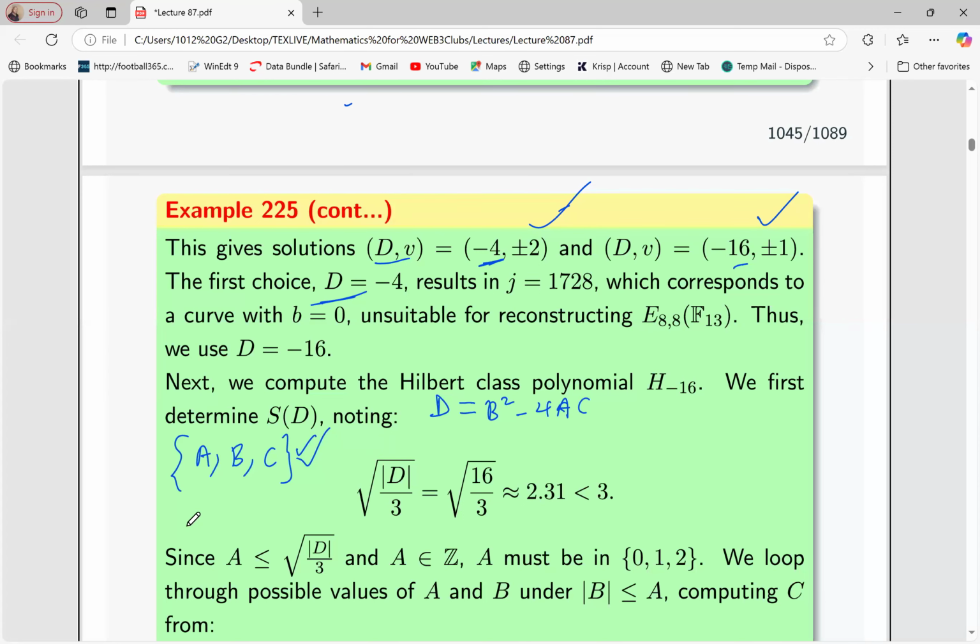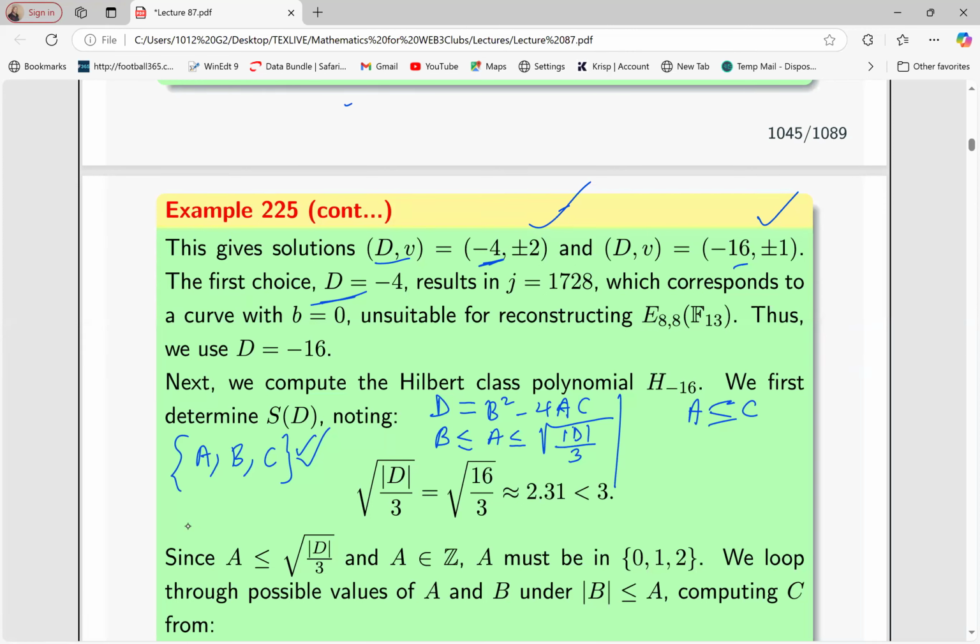And the other condition is that A must be less than or equal to the square root of the discriminant divided by 3, and it should be greater than or equal to B. And the other condition is that A must be less than or equal to C.